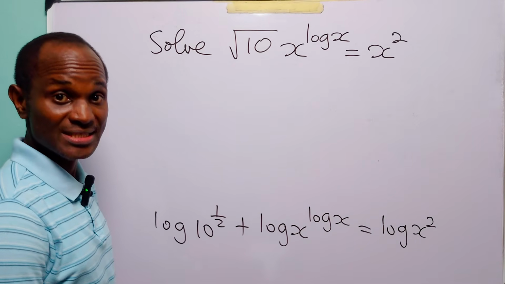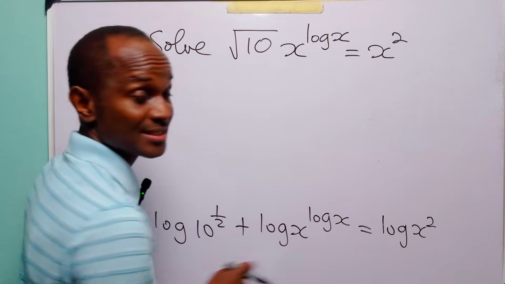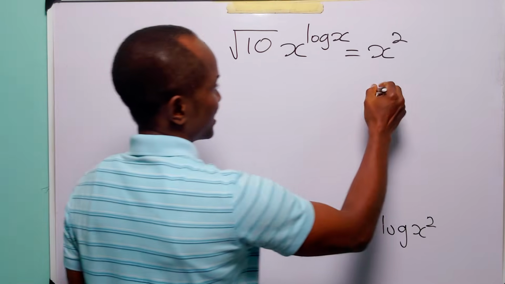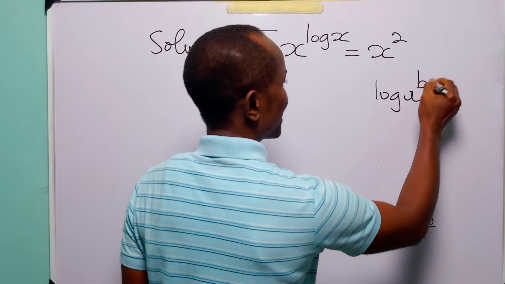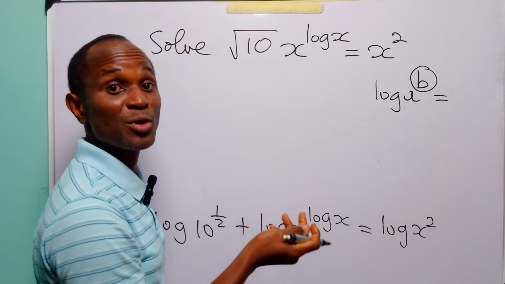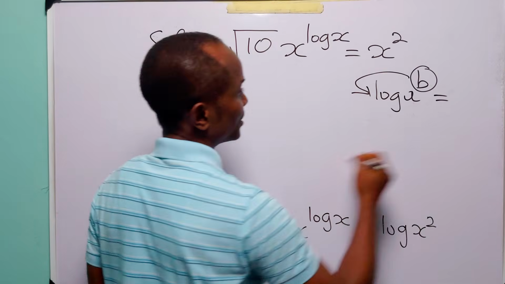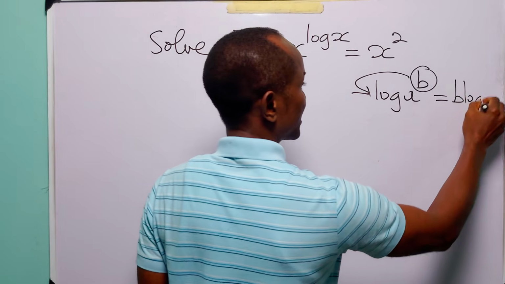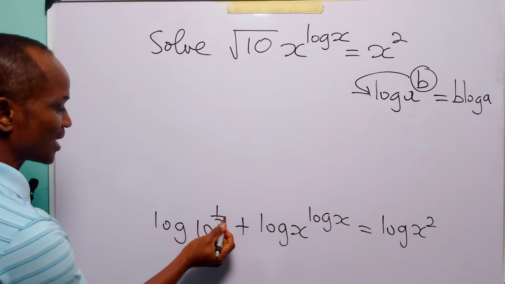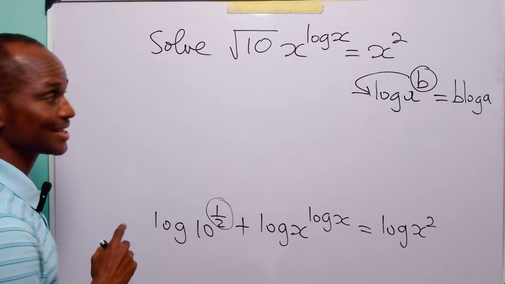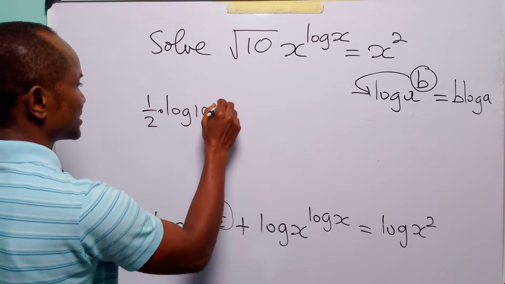Now, the next step to solving this equation is to apply the power rule of logarithms to all three terms. That is the rule that says that when we have log a to the power b, we can bring down this exponent, the exponent of a, to the front to become a multiplier. And when we do that, this becomes b times log a. So when we do that to this first term, we have half multiplied by log 10.